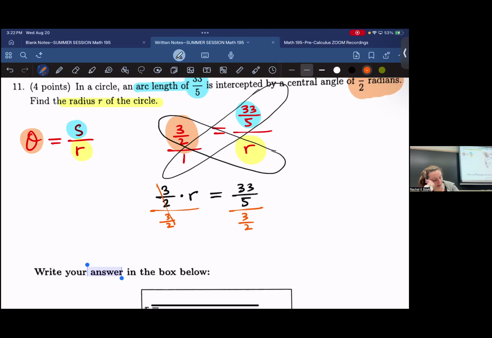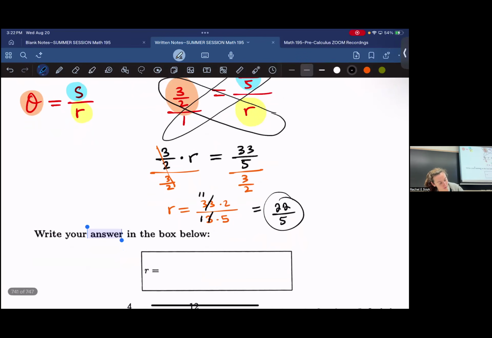And so we're looking at R is equal to 33 times 2 over 3 times 5. And before we multiply straight across, we can do some simplification. 3 goes into 33 11 times, and 3 goes into 3 once. So this just reduces to 22 over 5 for our radius, and we're done. Radius is equal to 22 over 5.